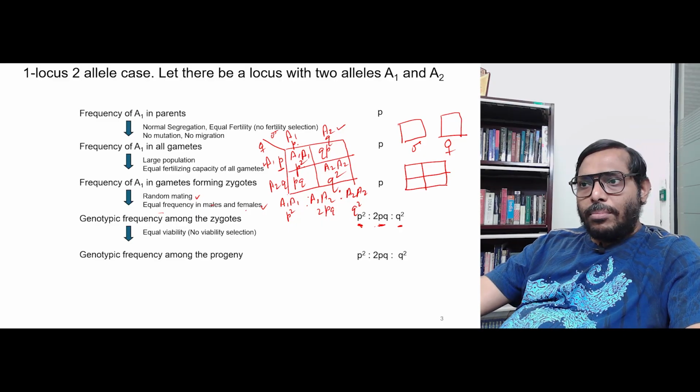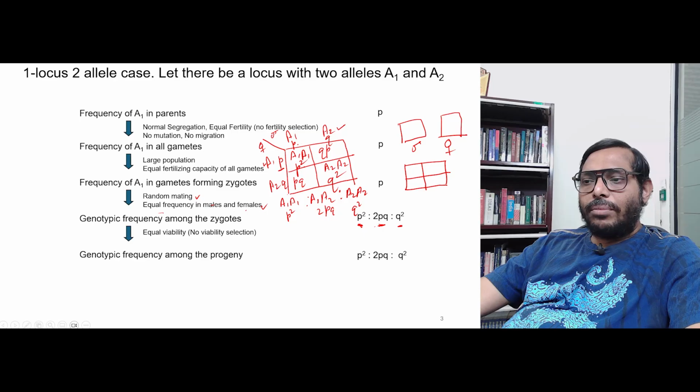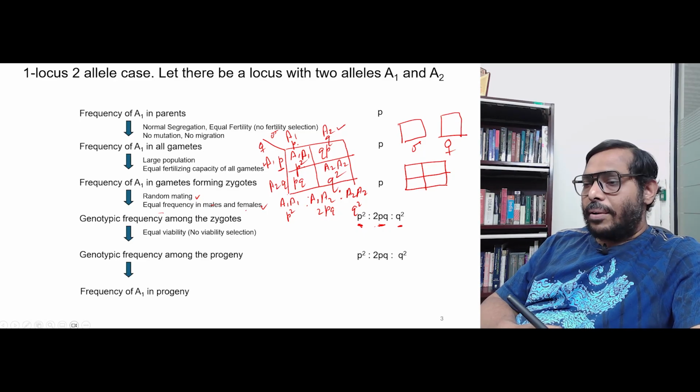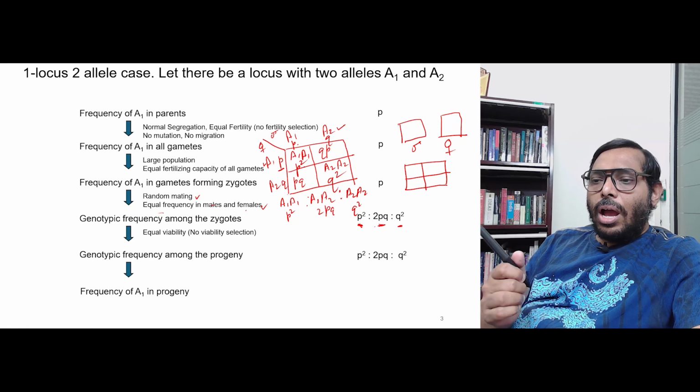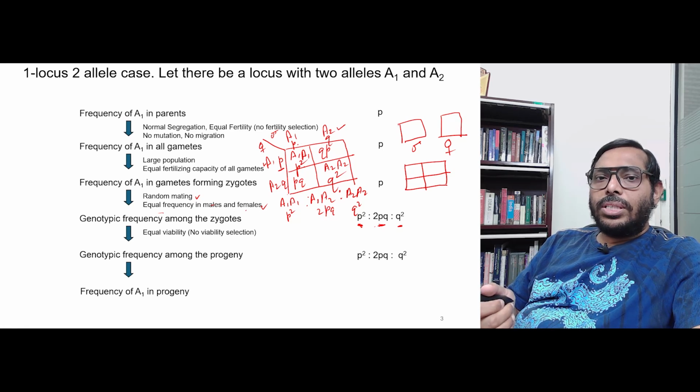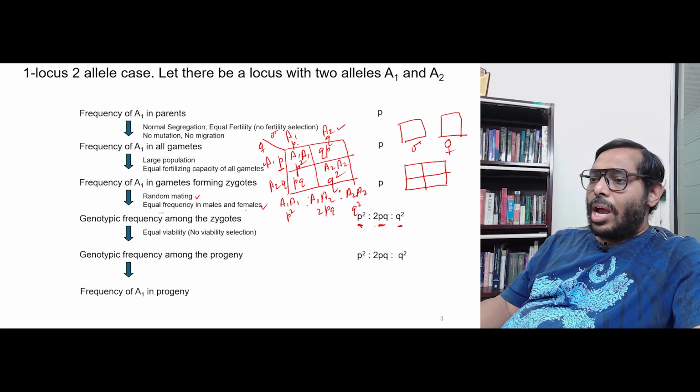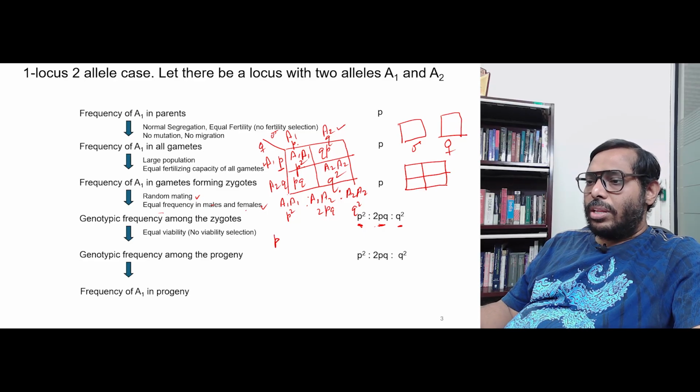And now remember, we started with the frequency of A1 in parents, we have to go to the frequency of A1 in the progeny. Now, how do we go from the genotypic frequency in the progeny to the frequency of A1 in the progeny? If you remember, I told you that small p, the frequency of A1 in the progeny, is going to be p plus half q.